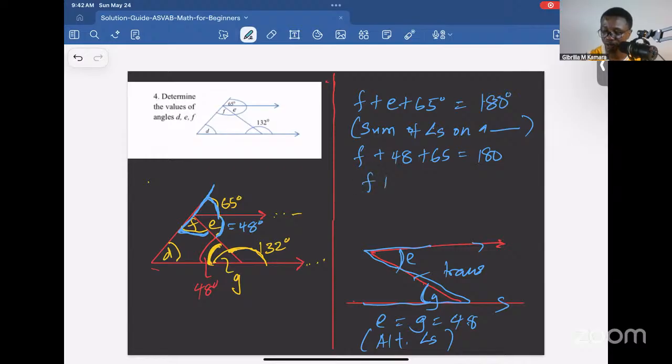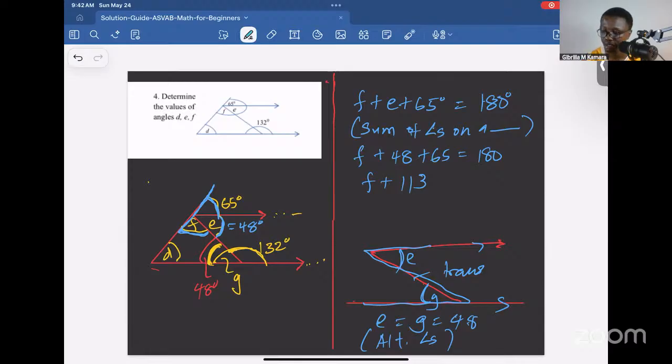So my F plus, you add 65 and 48. That gives you 113.